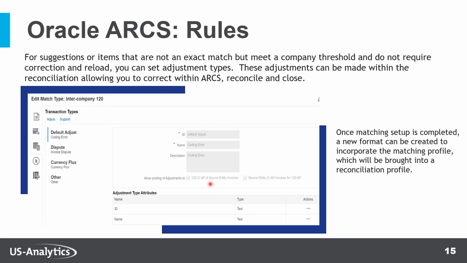For the purposes of completing your reconciliation and pushing it to the next step, you can allow for adjustment types to be booked within your ARCS reconciliation. That way, the reconciliation doesn't have to be held up for somebody else to come in and book a journal entry and prep the data for you so that you can push it back in and run through the reconciliation again.